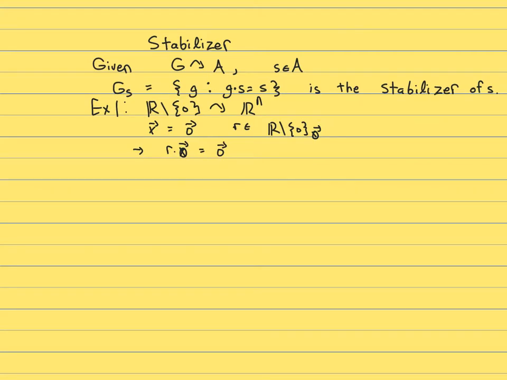Well, it's not too hard to see that this left-hand side is rx1 through rxn. We want that to be all zeros, but xi was 0 for all i to begin with. So it doesn't matter what r you pick, this statement is always true. So r could be anything.